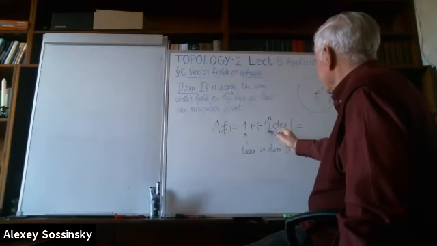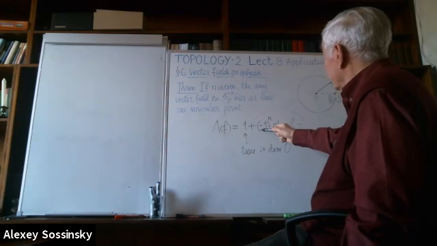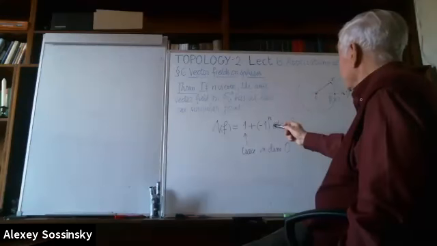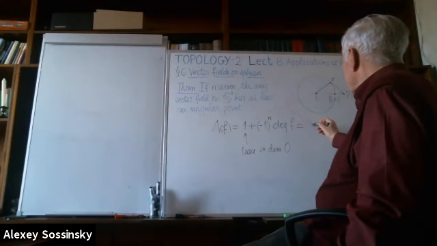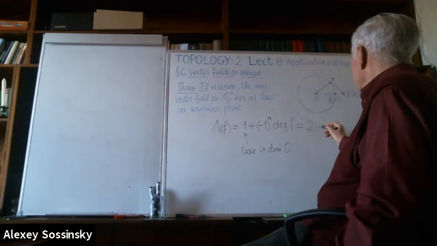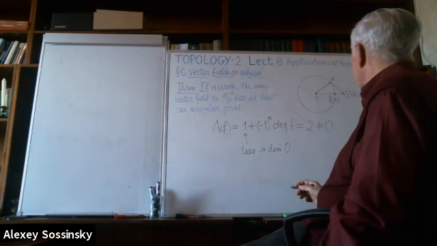And this number is, because n is even, +1. So this is equal to 2, which is non-zero. So it has a fixed point.